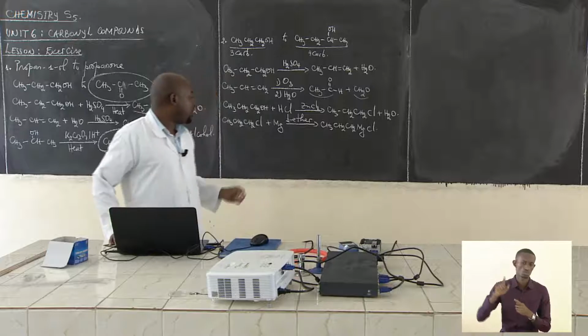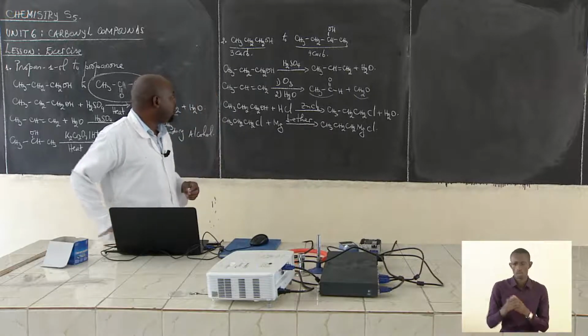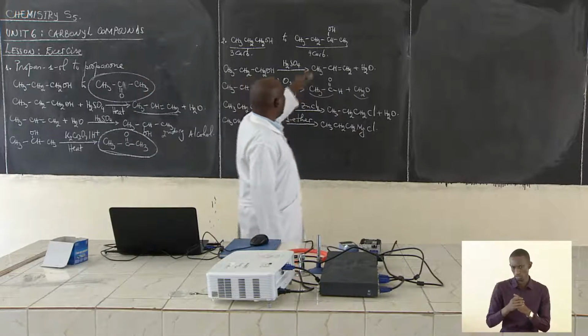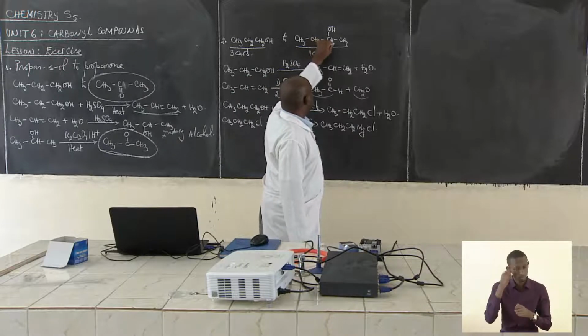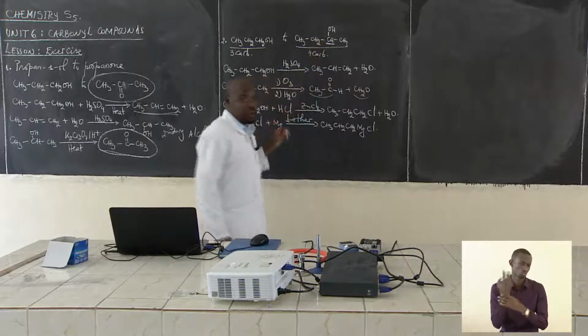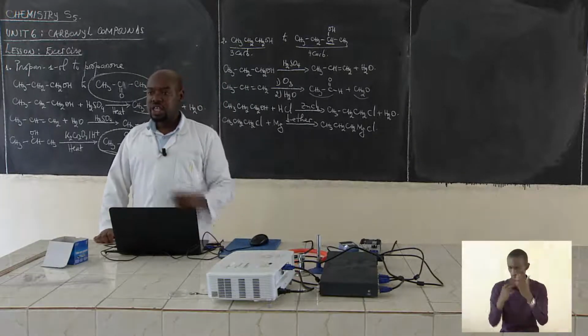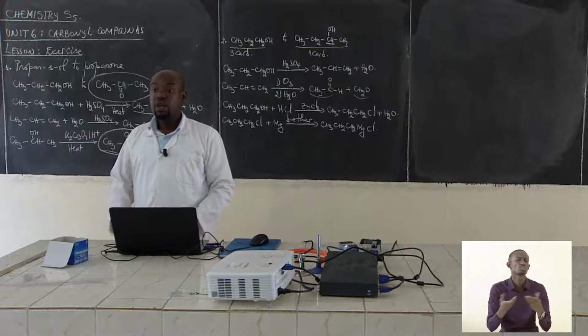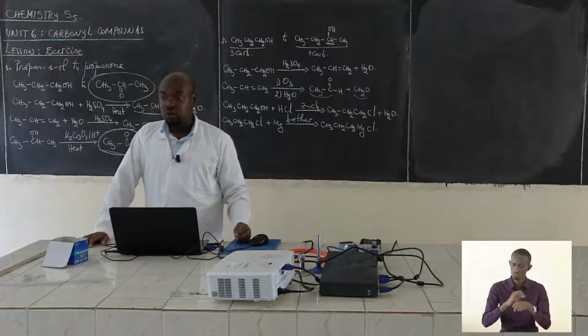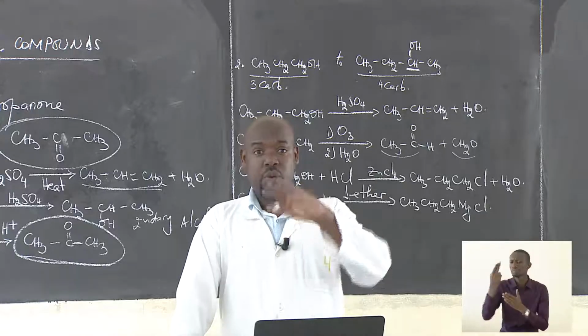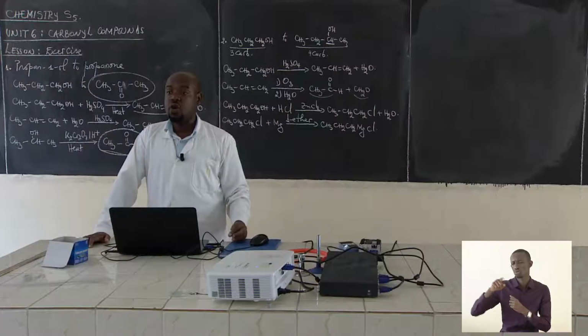We have our Grignard reagent. And remember, what we want to produce is a secondary alcohol. So how do we proceed to produce a secondary alcohol? Remember, we have covered this in the preparation of alcohols.